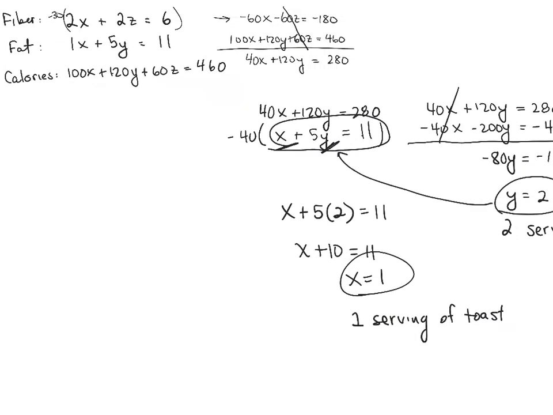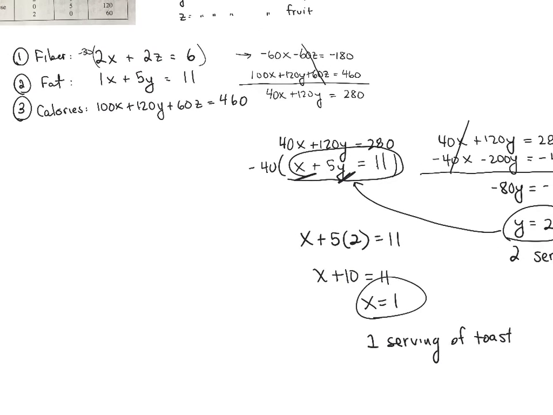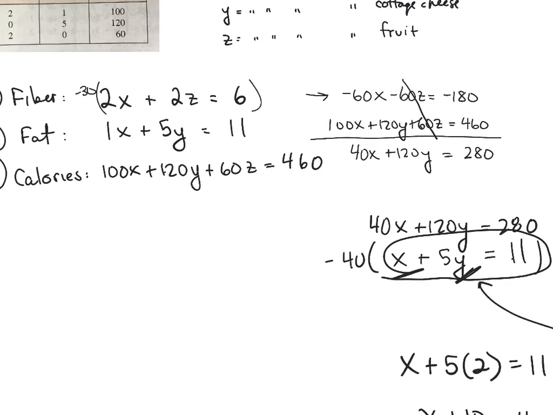So if we have x and y, we can solve for z by going back to one of the original equations. This top equation, or the equation for fiber, was 2x plus 2z equals 6. If we know that x is equal to 1, this becomes 2 times 1. So 2z, if you subtract the 2, you get 2z equals 4.